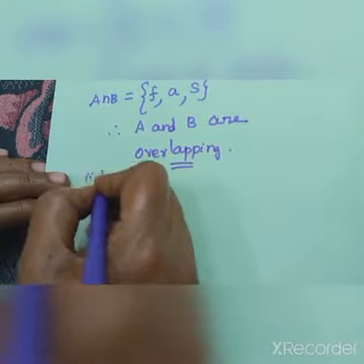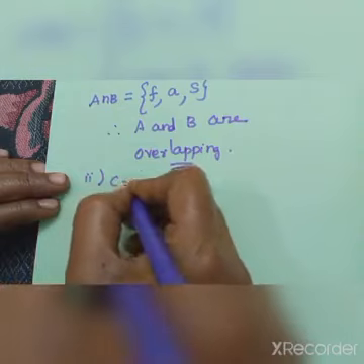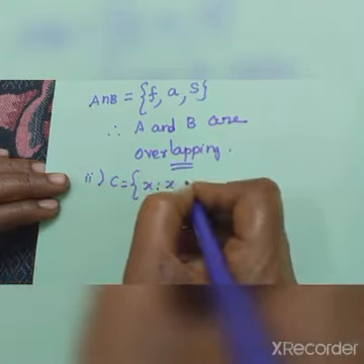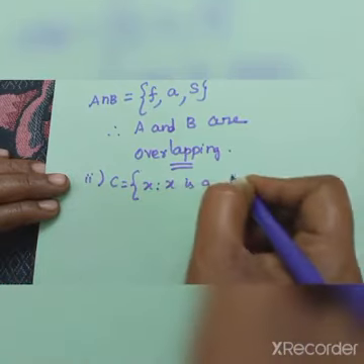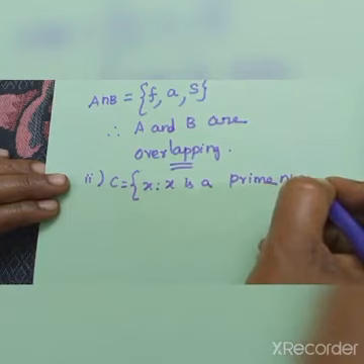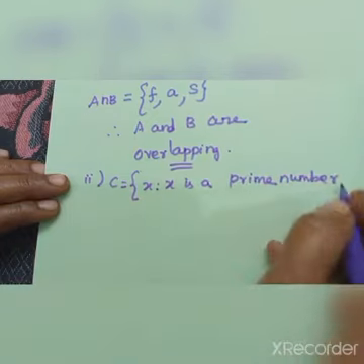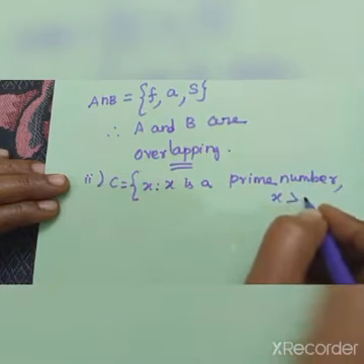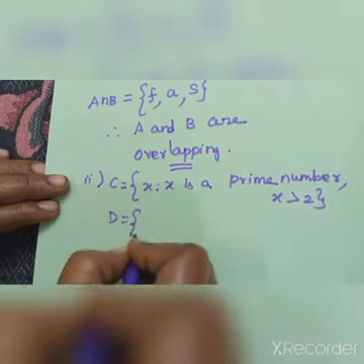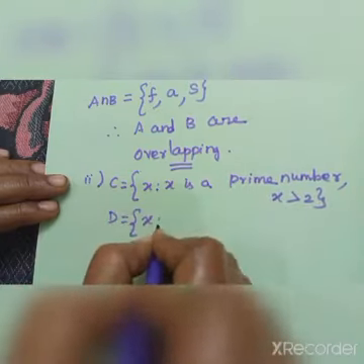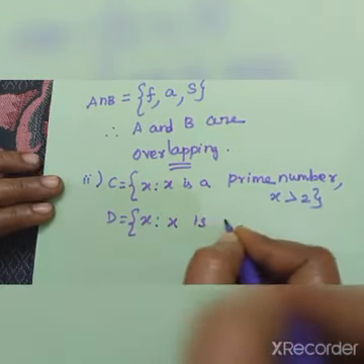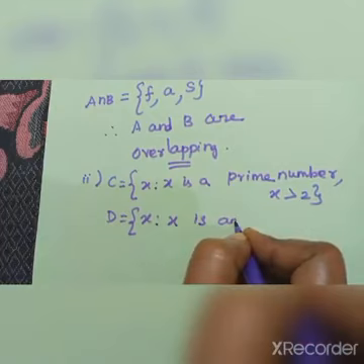Second subdivision is C equal to {x such that x is a prime number, x is greater than 2}, and D is equal to {x such that x is an even prime number}.